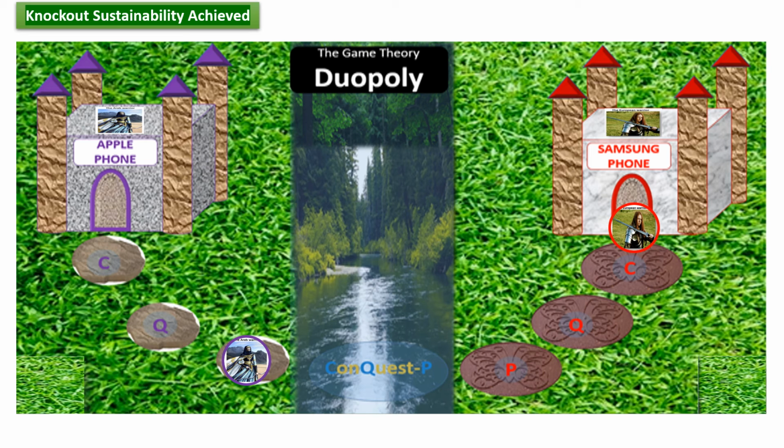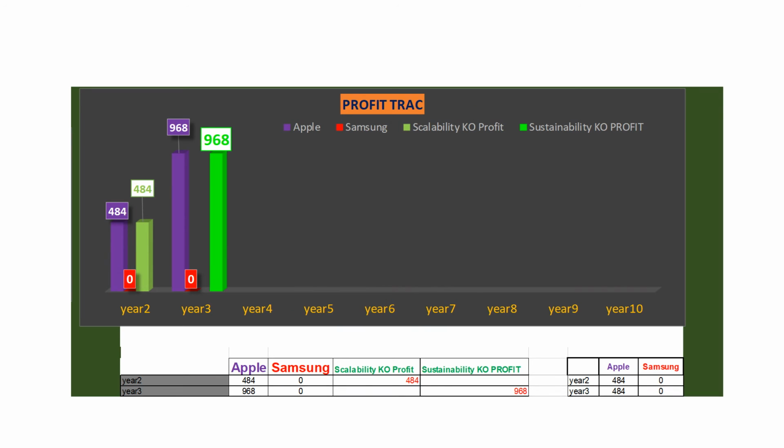And we also have the possibility of a knockout sustainability achievement. And you can see through our battlefield illustration how fast Apple has reached or conquered Samsung territory and reached Samsung's castle. And that achievement is rewarded by a certain level of profitability, which is 968.